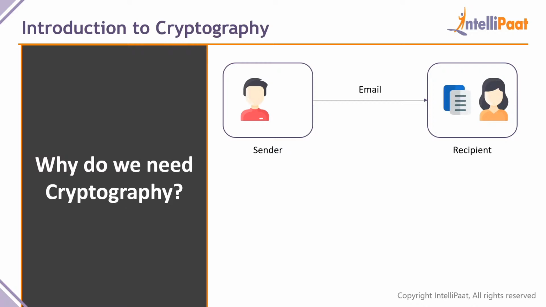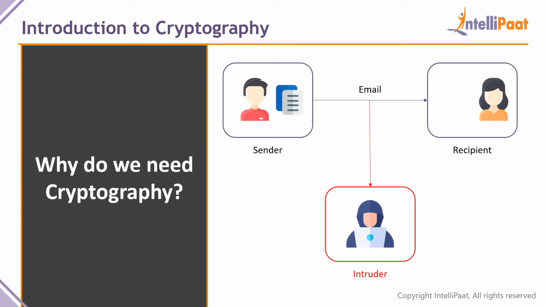This is what happens if the message goes normally and nothing bad happens at all. But there's an off chance that there is an intruder that has access to the actual connection between you and the recipient, and your email line is essentially not secure.